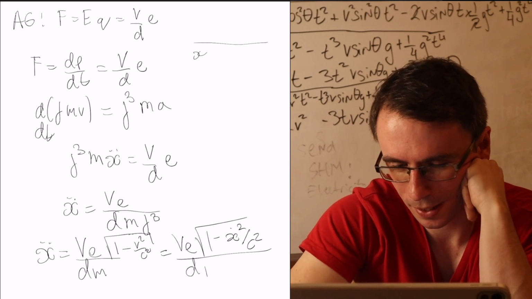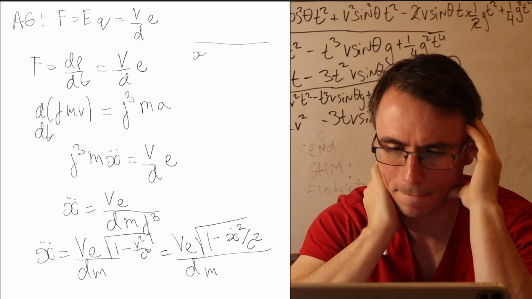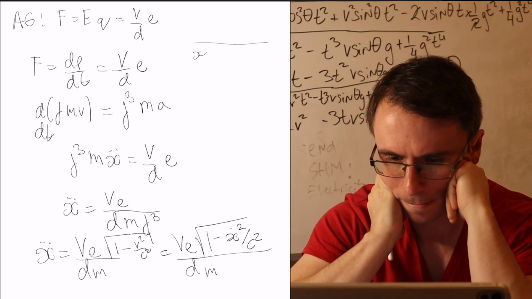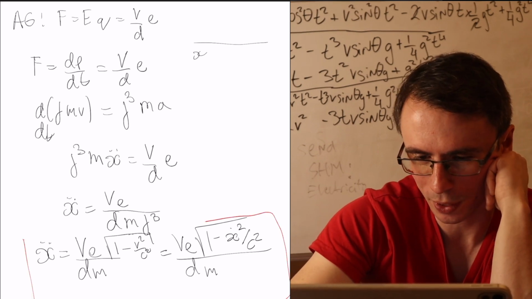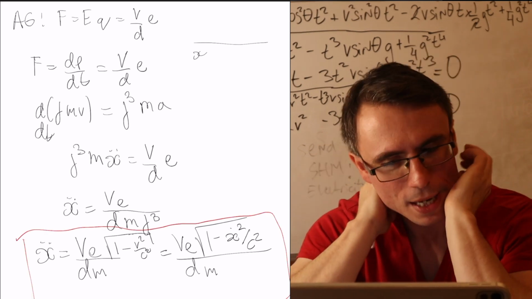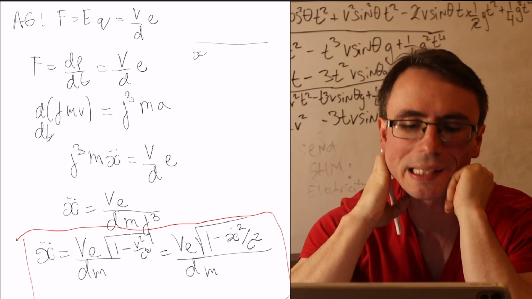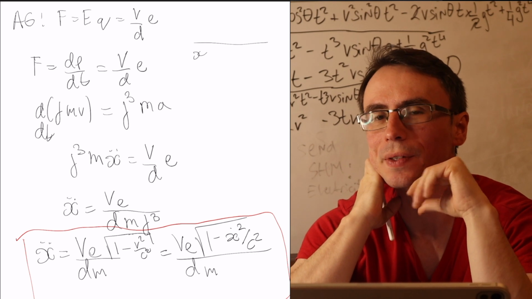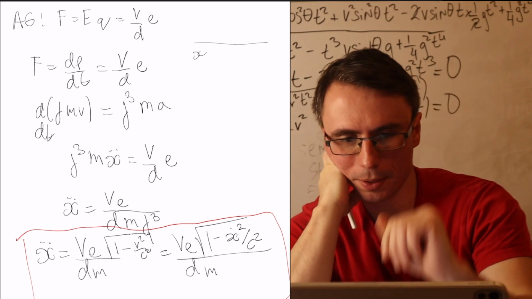I don't think this might be a good approach. Let me know in the comments if you can find a solution to this differential equation. I think I'm going to approach the problem in a more simplistic way, which is probably consistent with what we were doing in the problem.